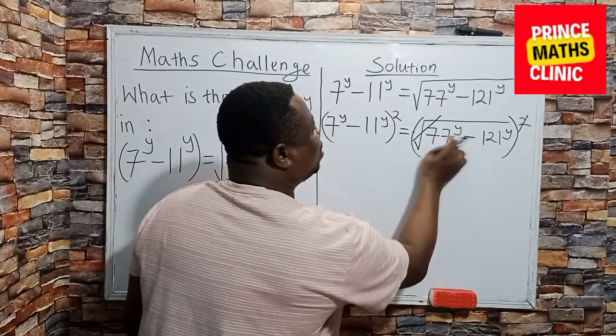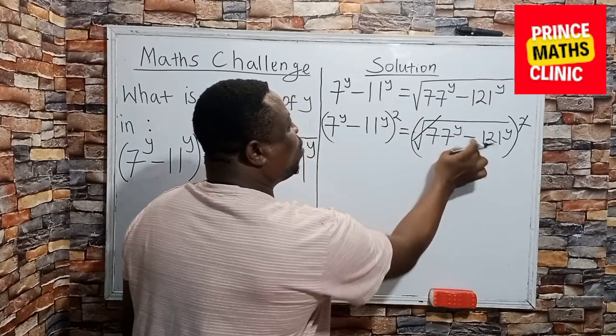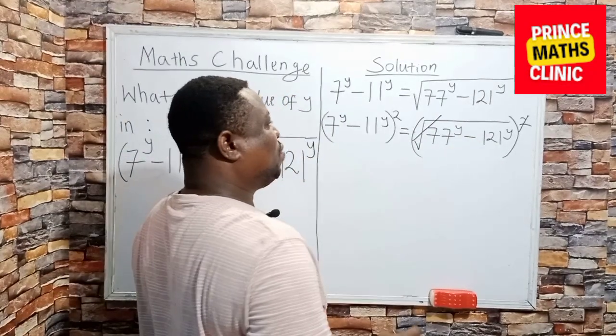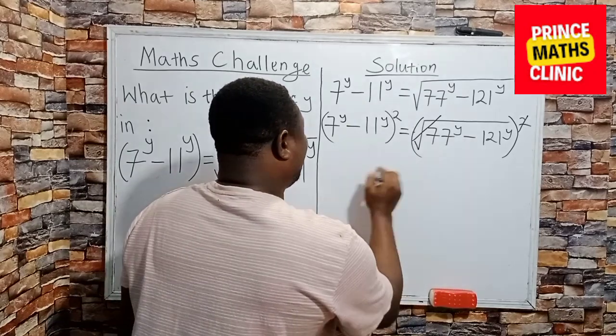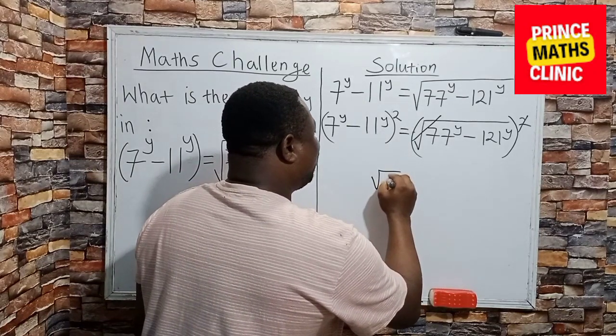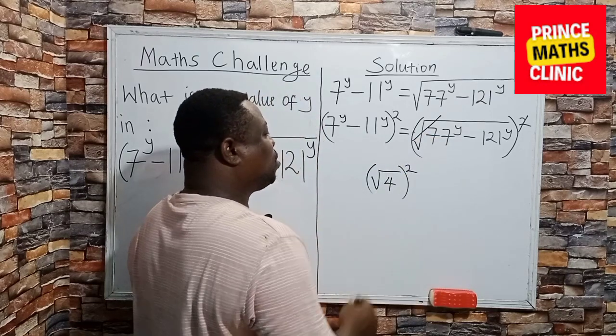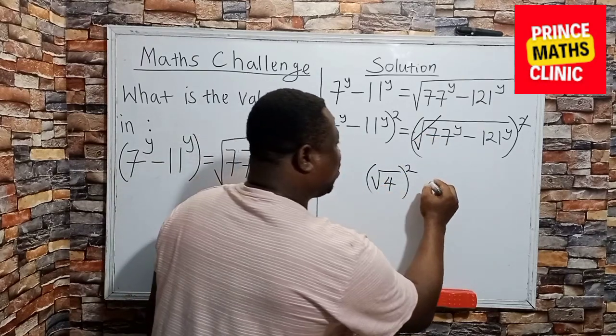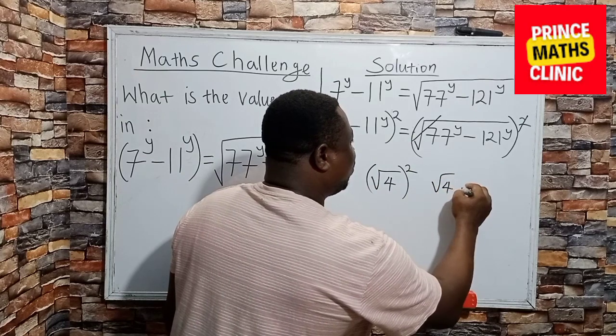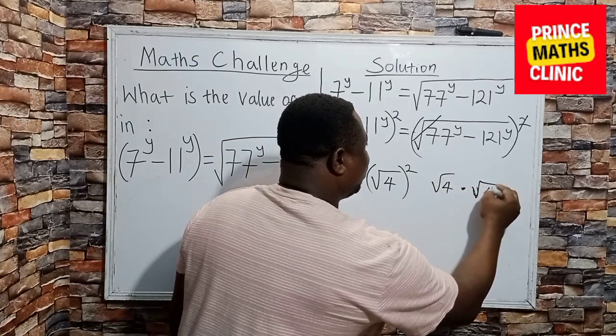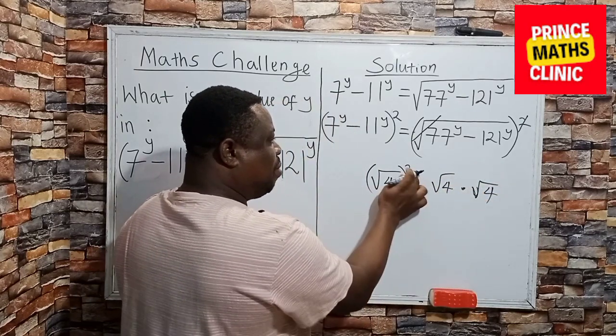For instance, if I have square root of 4 and I'm to square it, my result will be 4. Why? Because square root of 4 times square root of 4 is what this implies.